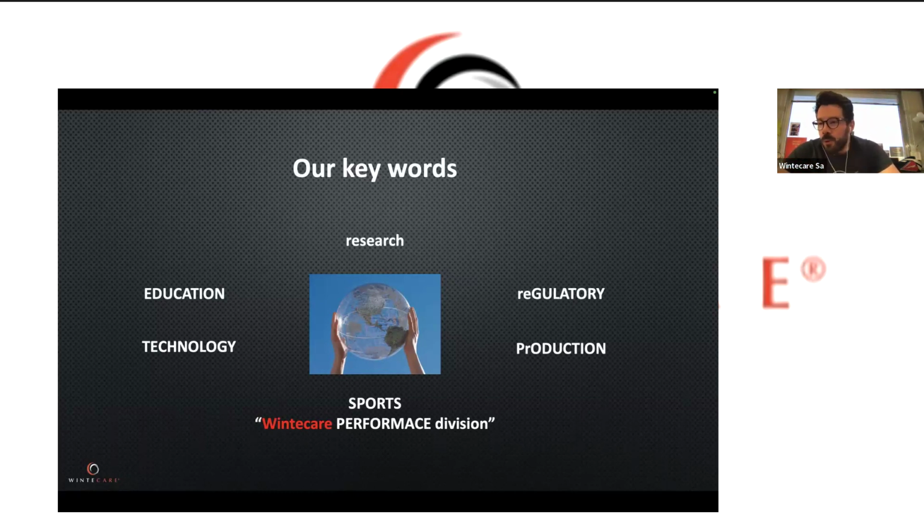For each field of application, you have to have at least one published paper about that topic. My role within the company is, among others, the clinical evaluation of our devices. So my role is to go on the PubMed search engine, trying to identify new studies about the use of our products.